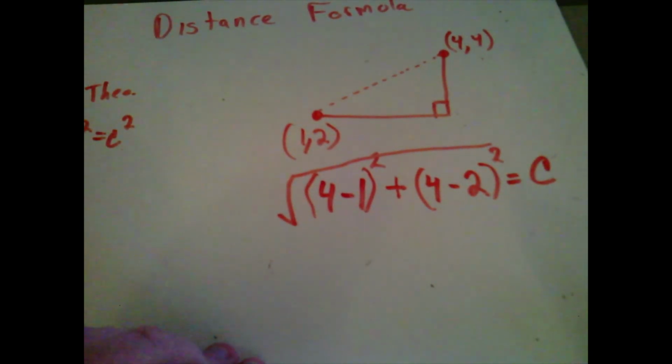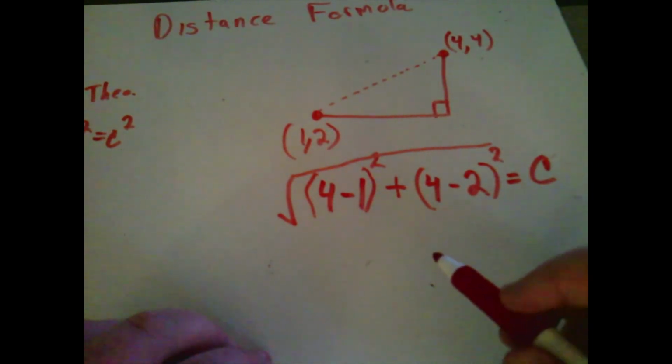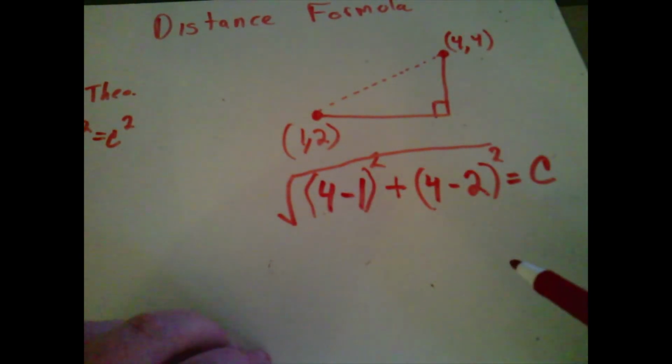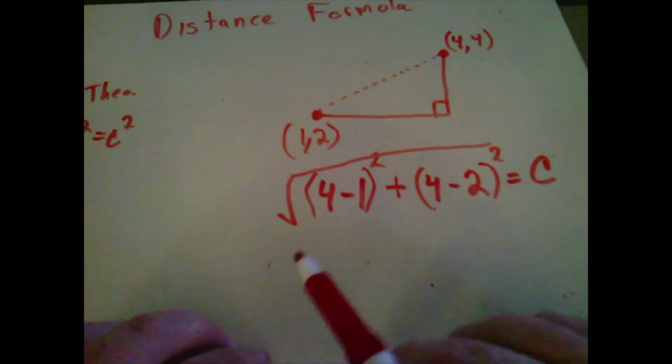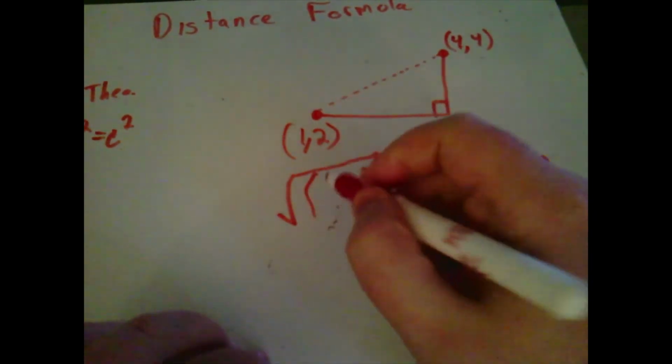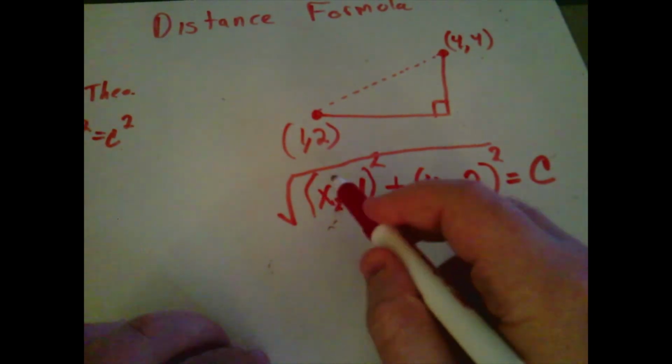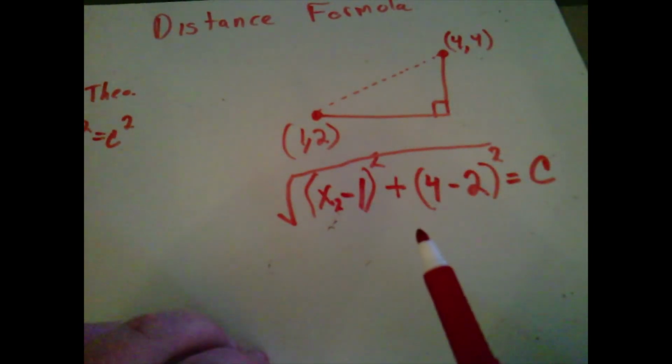Starting to look familiar? Just another second and we'll have it. All right. Instead of calling, well, this was our second x coordinate, okay? On this plane it was the second x coordinate. Let's call that x sub 2 for the second x coordinate in our plane.